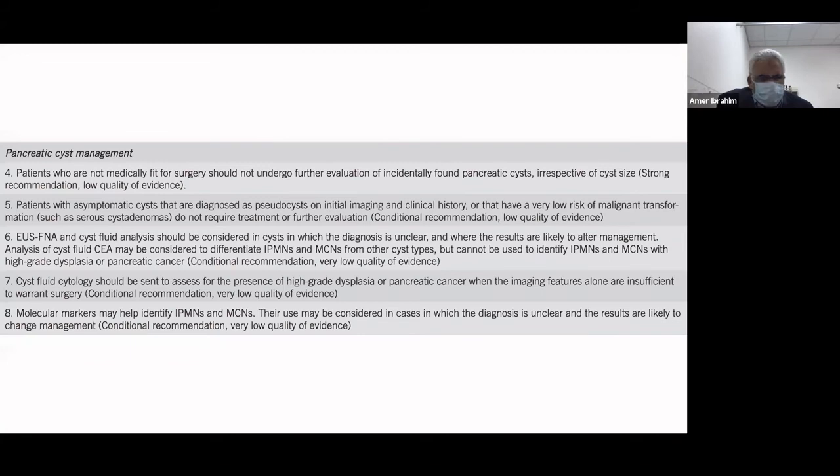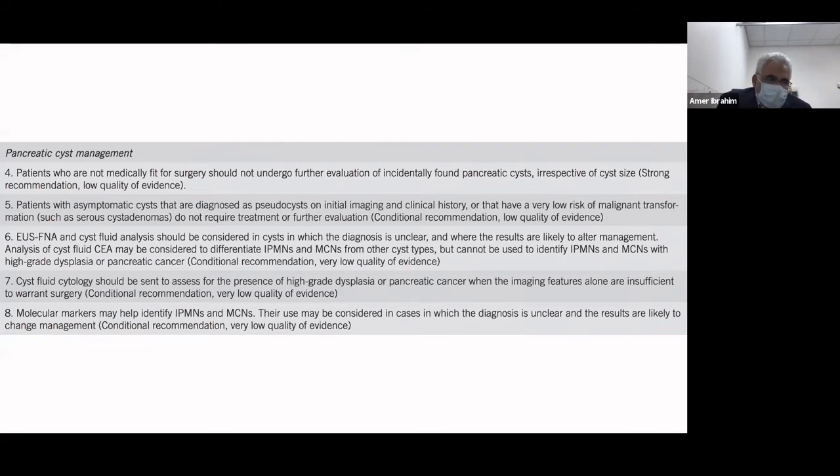What else could have mucus? I think these two mainly. You have either this or this, and both of them need further management. MCN needs resection. IPMN either needs resection if it is high risk, which is main duct IPMN or mixed type, or it needs follow-up if it is side branch IPMN.